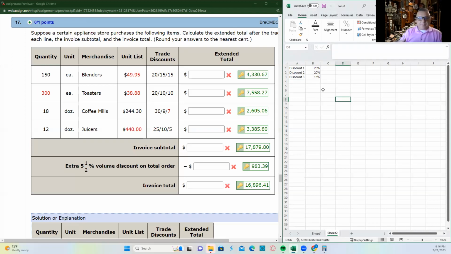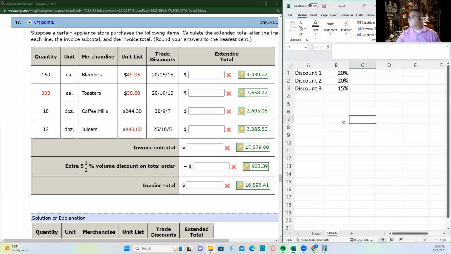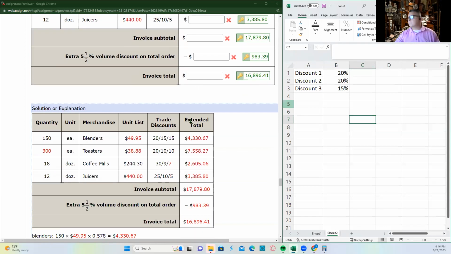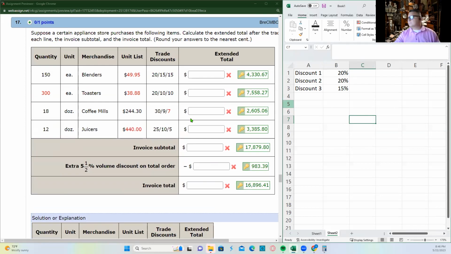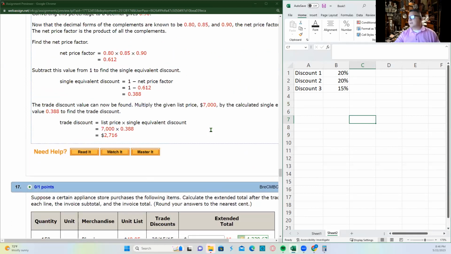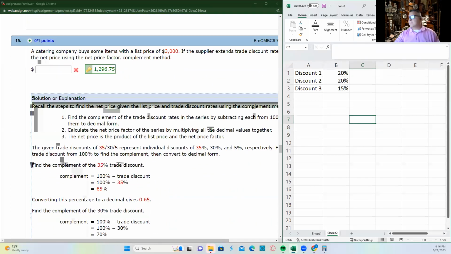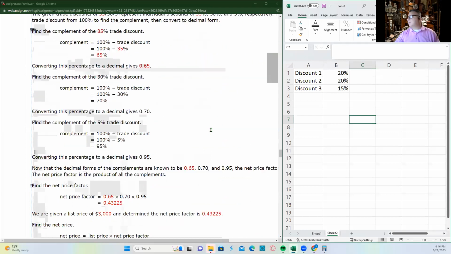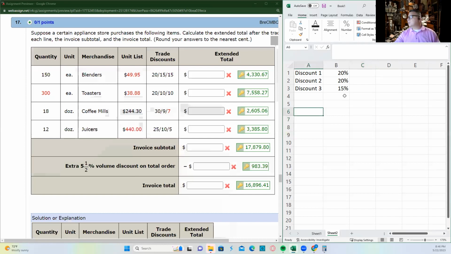Now, if we were to set this up, we were doing the math and we had our little PEMDAS going for a while. Why am I losing my mind here? Can't remember words now. Okay, so our net price factor, gosh, is going to look something like this.